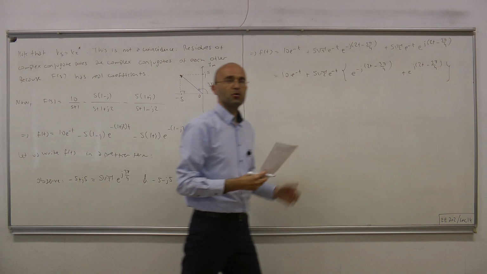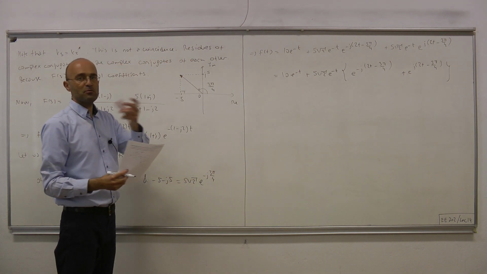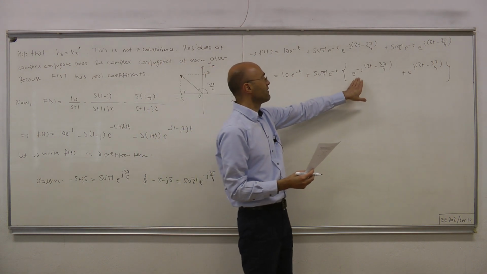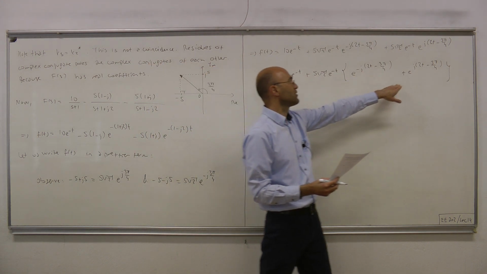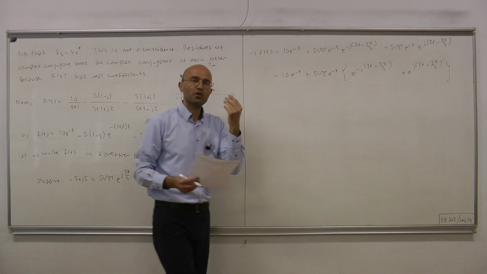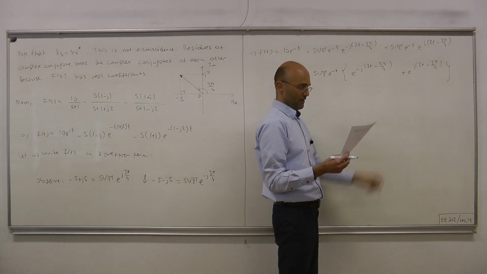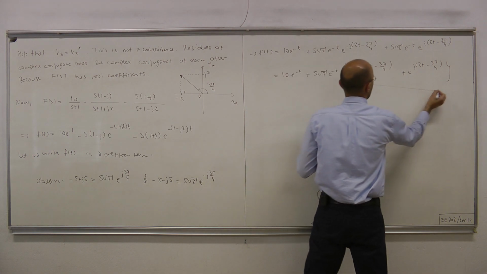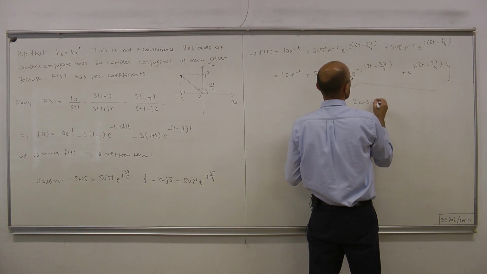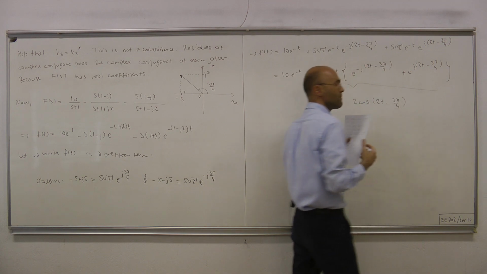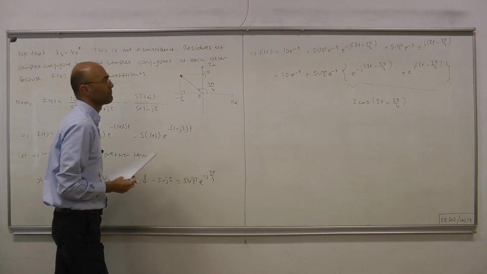Then we use the relation between complex exponential and sinusoidal functions, namely here we have e to the minus j theta plus e to the j theta, and that equals 2 times cosine theta, theta being this thing here. 2 times cosine 2t minus 135 degrees.